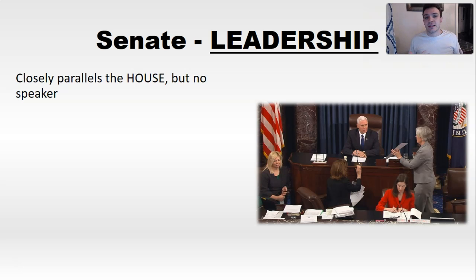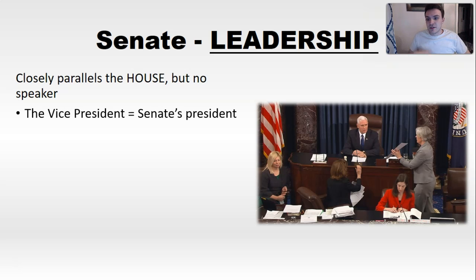The leadership within the Senate is going to be basically almost the exact same as the House of Representatives, with a couple minor changes. The first thing is within the Senate, there is no Speaker of the Senate. Rather, the person who controls the Senate floor is the Vice President.